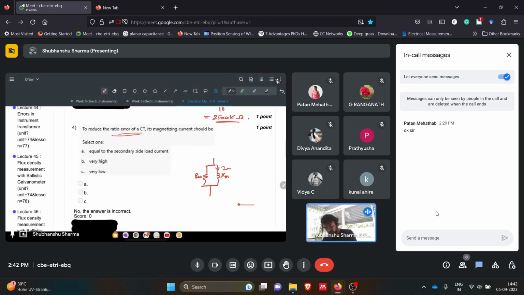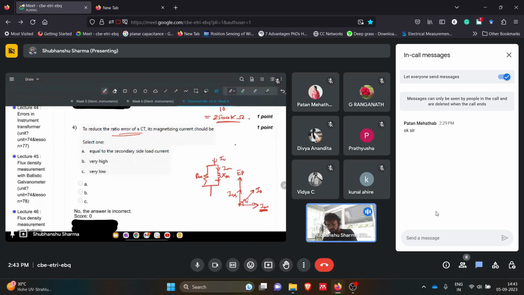Let's say this was IW, the winding resistance current, and this was I magnetizing. This will be 90 degrees apart, because it is an inductor, lagging 90 degrees behind the winding resistance current. And we have the primary side voltage here. Then the resultant current I naught will be there.